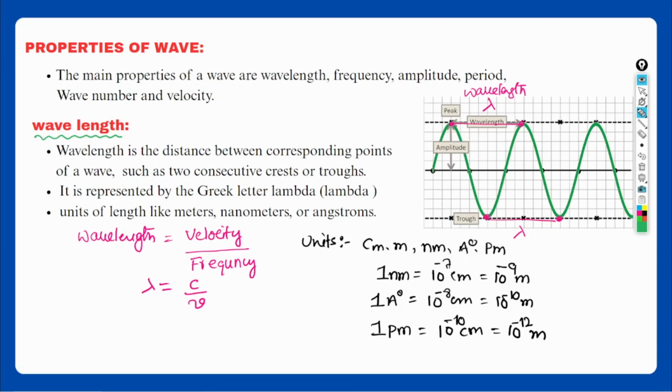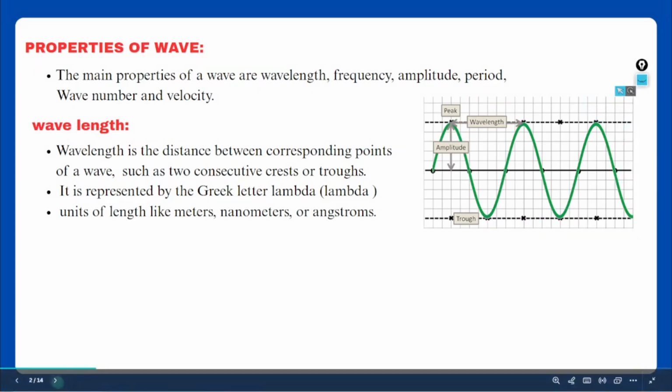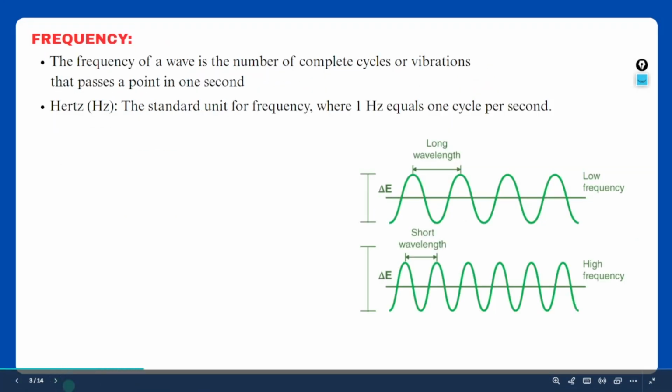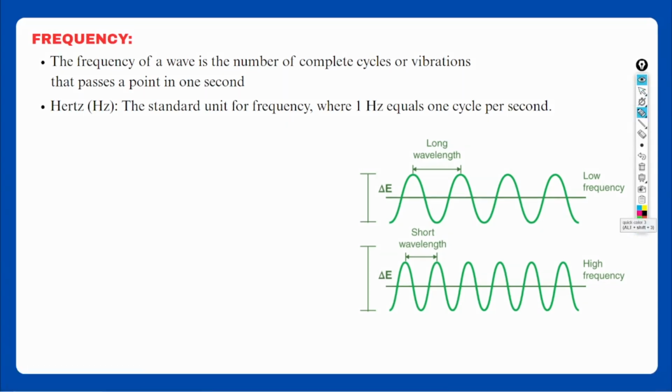Clear. Now coming to the next property, frequency. What is meant by frequency? The number of waves which pass through a given point on the wave.